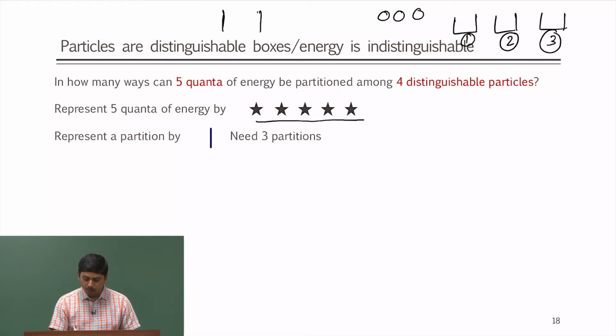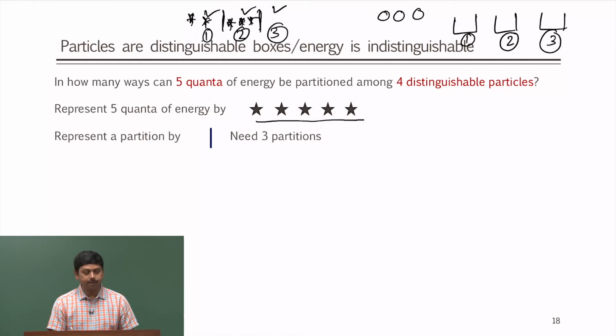Whenever I put 2 bars, I essentially have 3 boxes, and we can call those boxes 1, 2 and 3. Now, if I have 2 units of energy in box number 1, I will put 2 stars. If I have 3 units of energy in box number 2, I will put 3 stars here.